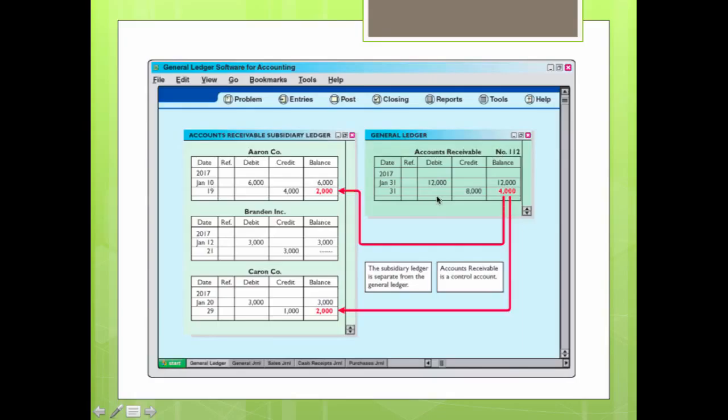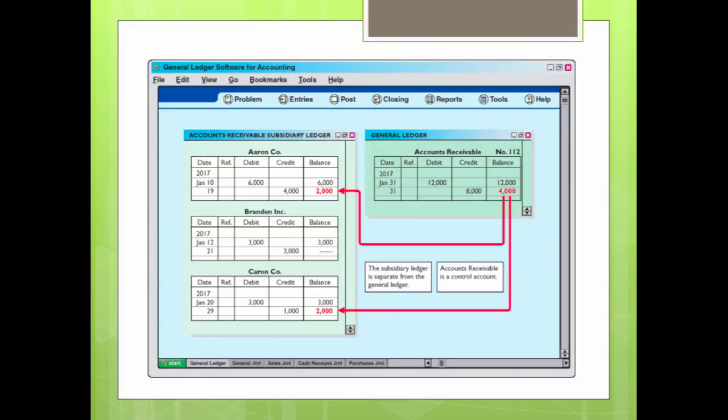Now, what you do is anything that deals with a certain company, you transfer it to that particular subsidiary ledger. In this case, we have the airing company, the branding company, and the caring company. I hope that's how you pronounce it. So you have 3 subsidiary ledgers to represent postings from 3 companies and the balances for each company.